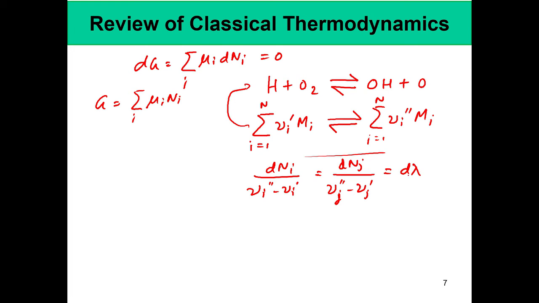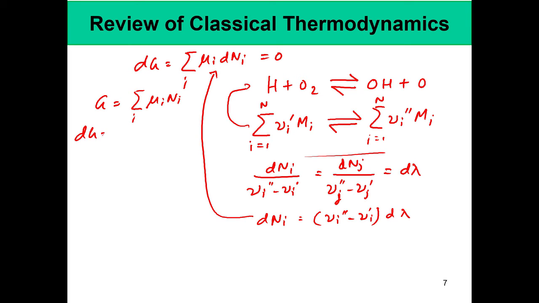So, for d lambda amount of reaction progress, this amount of ni can be produced or consumed depending on the sign, and this is proportional to the change in the stoichiometric coefficients between the product side and the reactant side. All right. So, we can write dni is equal to nu i double dash minus nu i dashed times d lambda. We can now substitute this here.